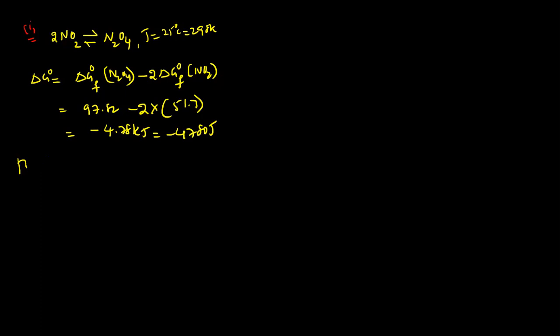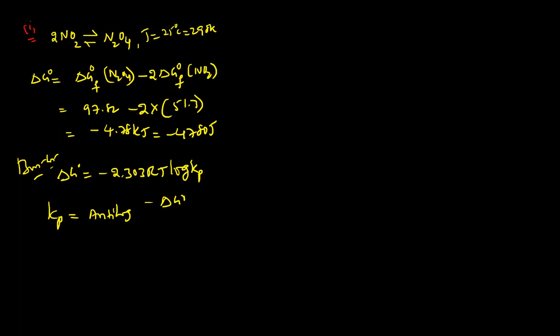But we know the expression from thermodynamics: delta G naught equals minus 2.303 RT log Kp. So from this you can write the Kp value. Kp is the anti-log of minus delta G naught by 2.303 RT.